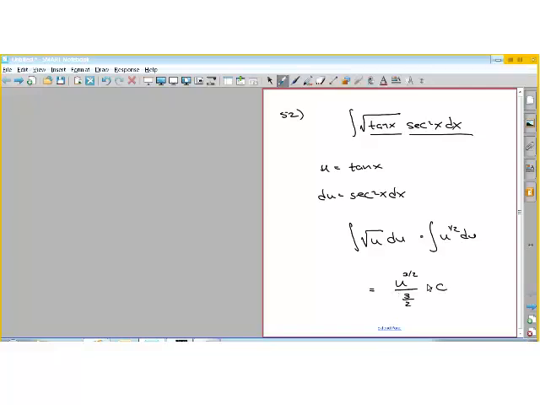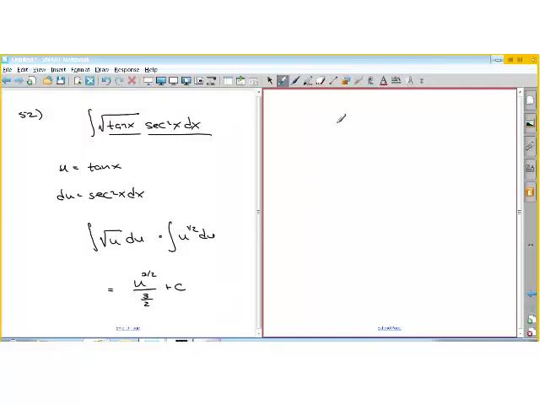We have arbitrary constant c because we're dealing with indefinite integrals, and so we'll take the reciprocal of 3/2. So we multiply by 2/3, and that's going to be multiplied by u, which is the tangent of x, and we're going to raise that to the 3/2 power and add our arbitrary constant c. And that's 52, 2/3 tangent x to the 3/2, so that's correct.